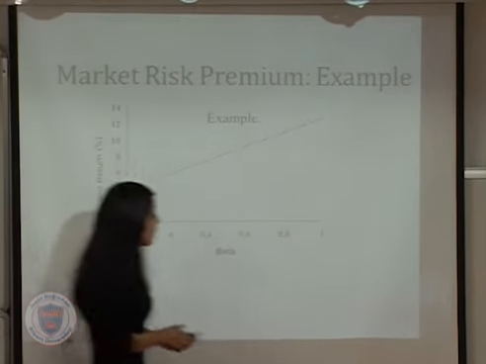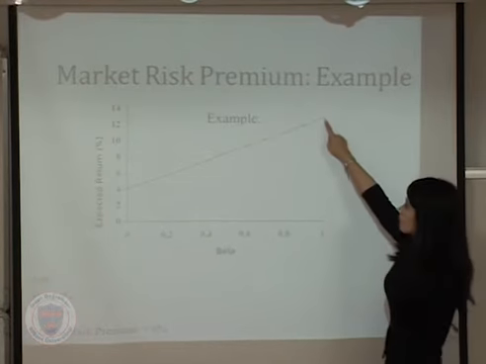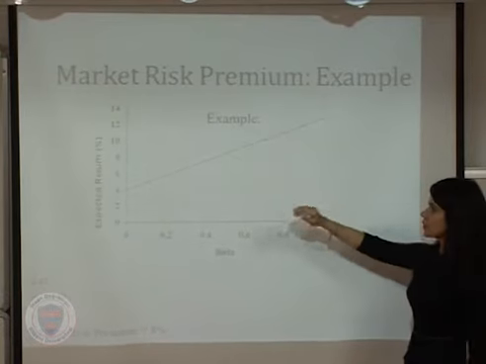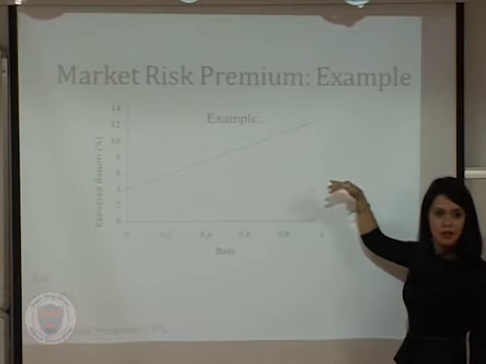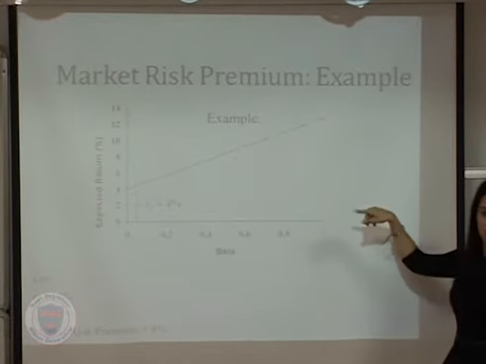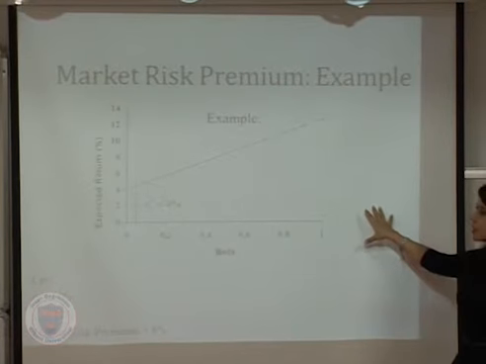And then for the market, the beta is 1, and the market return is 12%. Once you have those two dots, you can just connect the dots, so it will give you the security market line for your investment. What is the slope here? What is the slope of the security market line?